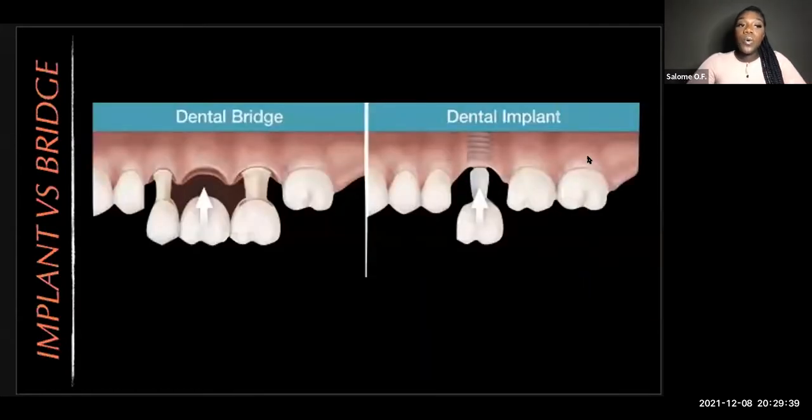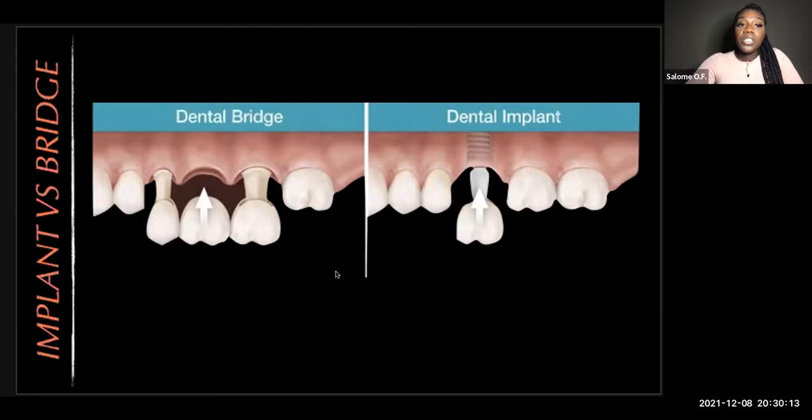And so, what are your options now that you've extracted your teeth? Maybe you got a bone graft, maybe you didn't. Now you're at the point where you want to replace that tooth. What are your options? The two options are a dental bridge or a dental implant. When it comes to these two options, the gold standard, or the best option, would be the implant, okay? So if you want to replace at least one single tooth, as you see here, the best option is to use an implant.